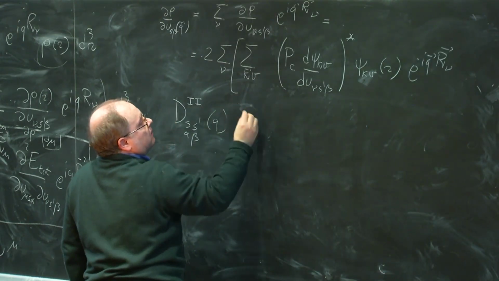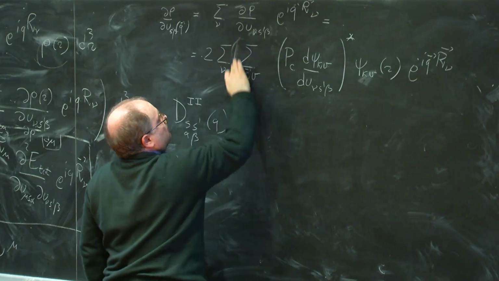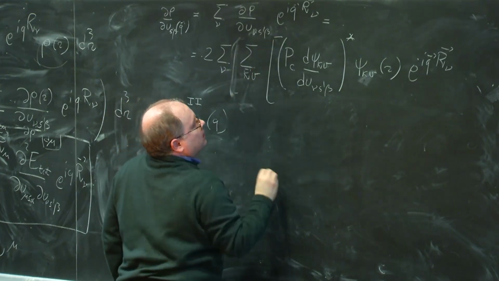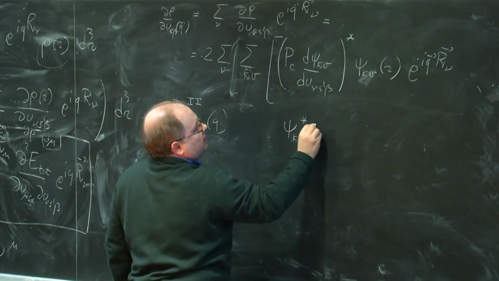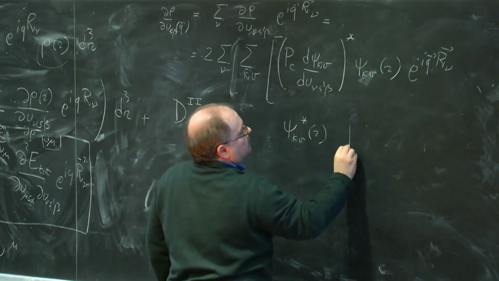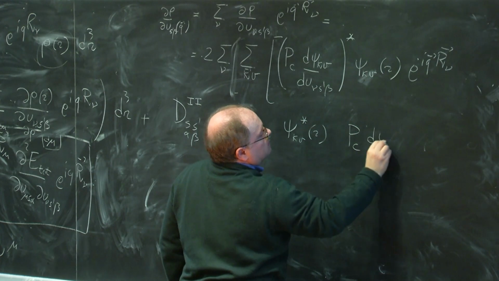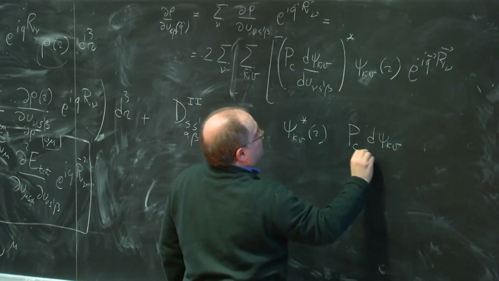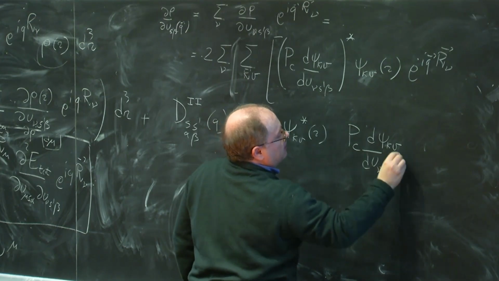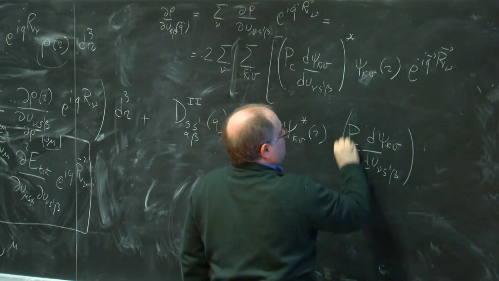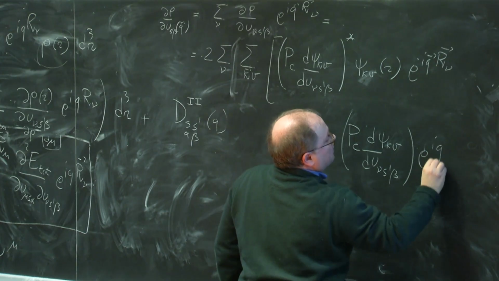And then we have also plus psi kv star over P_C, d psi kv over d u nu s prime beta, e to the i q r nu.